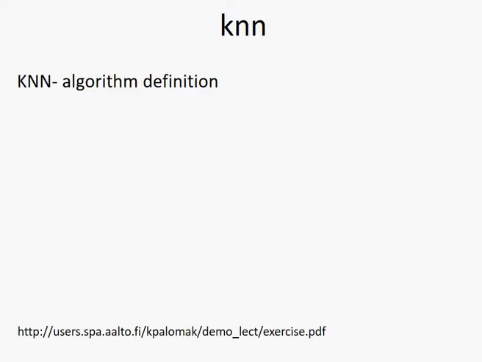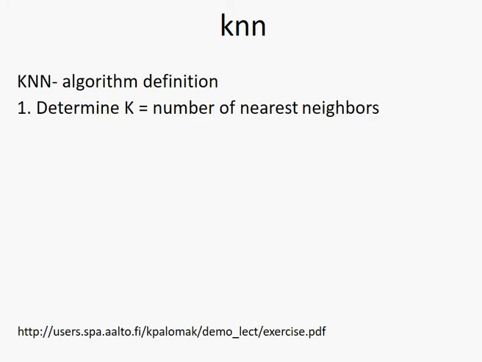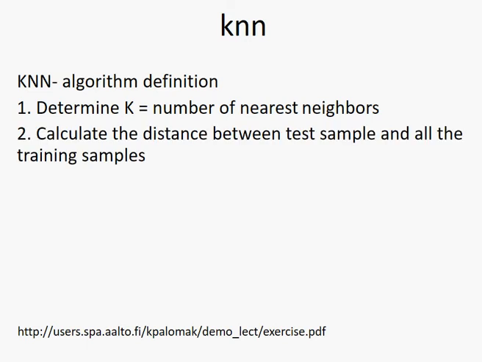But before that, we're going to have a look step by step in detail at how the values are calculated. We need to start by determining k, how many nearest neighbors we're going to be using. We can just define a value of k, or we can define a value experimentally. We're going to be calculating the distance between the test sample and all of the training samples that we had during the training phase.